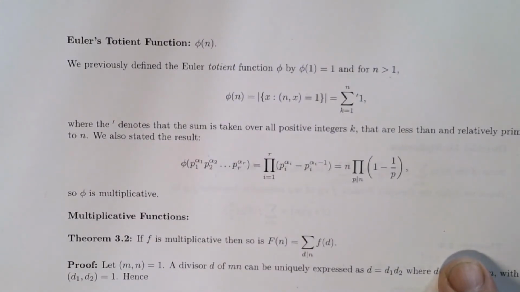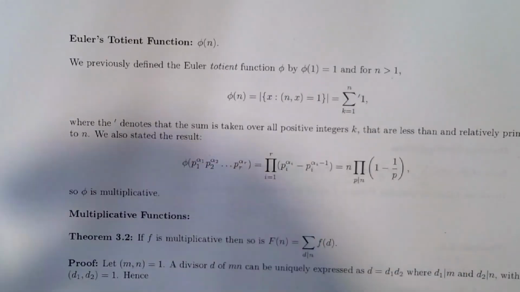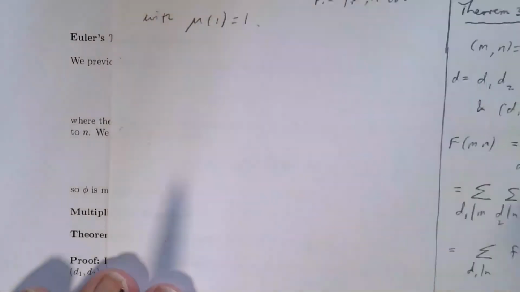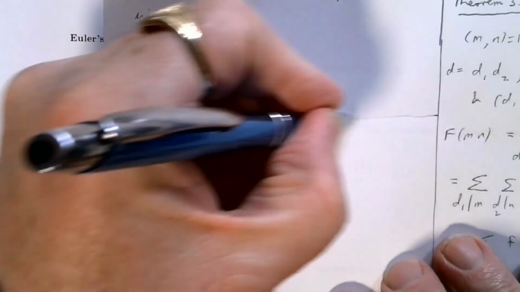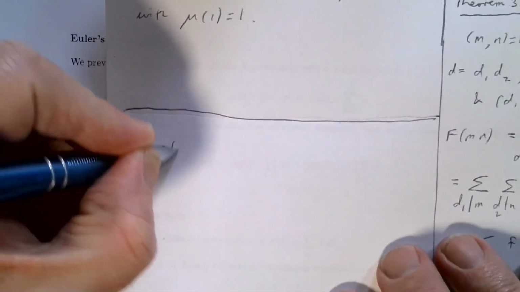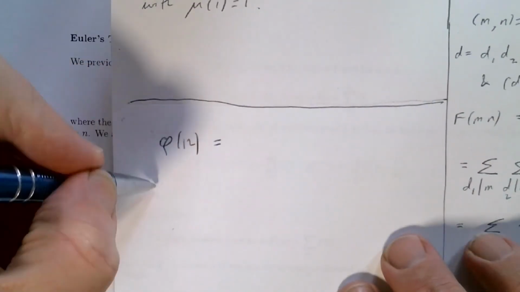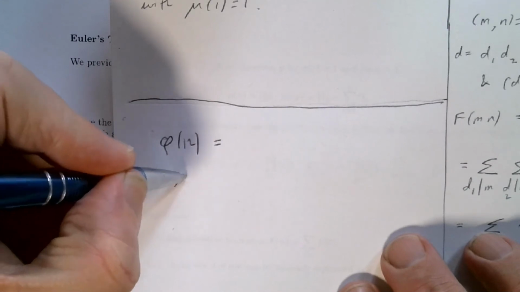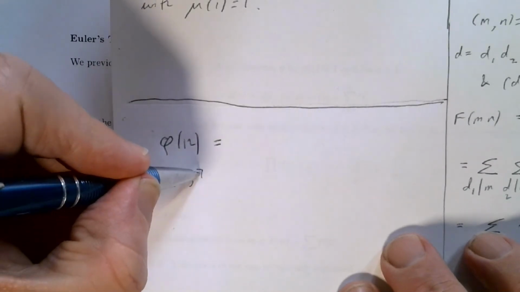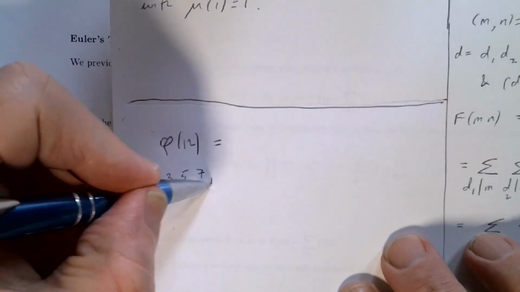So as a simple example, let me just plonk in a simple example at this point. For example, phi of 12. The numbers that are relatively prime to 12 are 1, 5, 7, and 11.